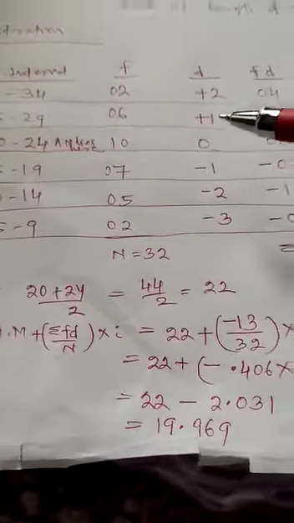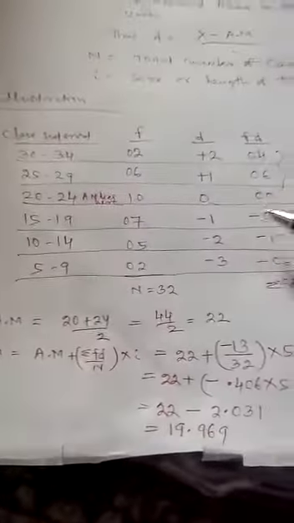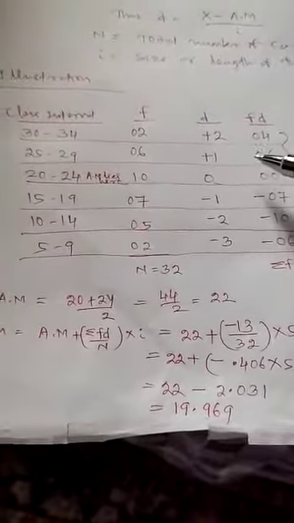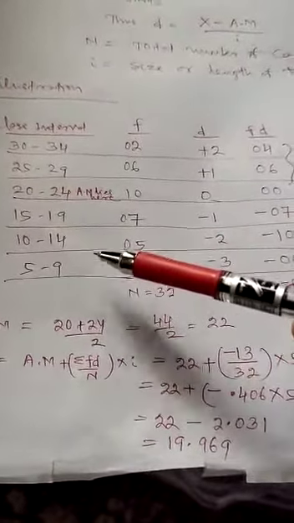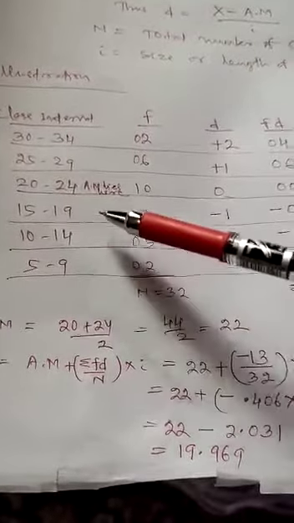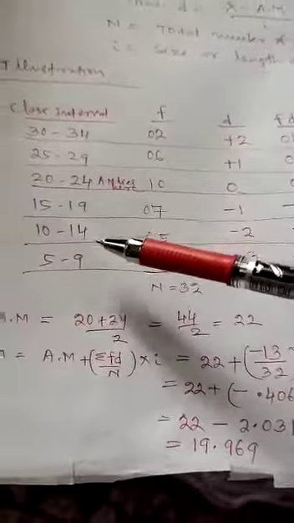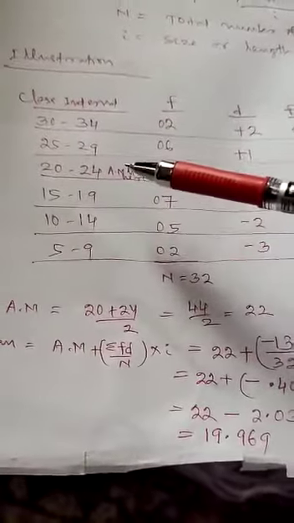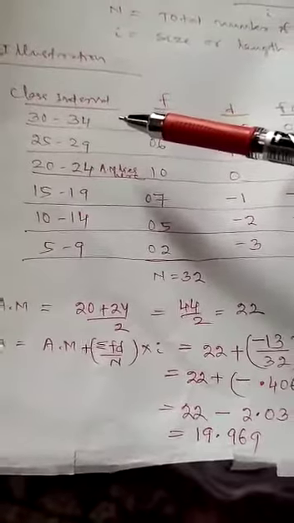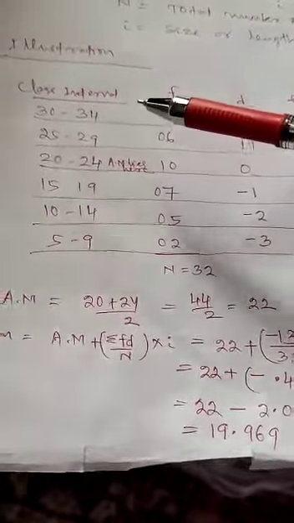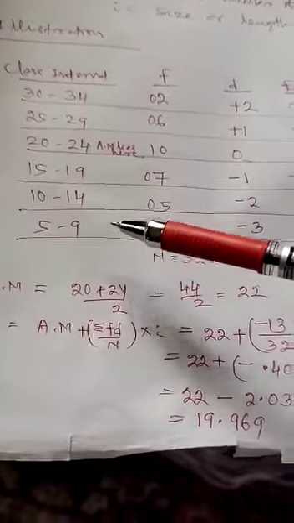There is also another way of giving this D. D can be given by looking at the class interval, how it is spread from the bottom to the top or from the top to the bottom. If we see this class interval, we will find that at the top of the class interval there are greater or larger scores, whereas towards the bottom there are smaller scores.